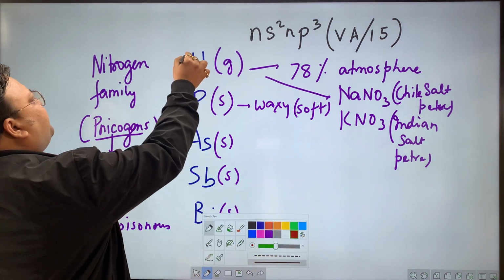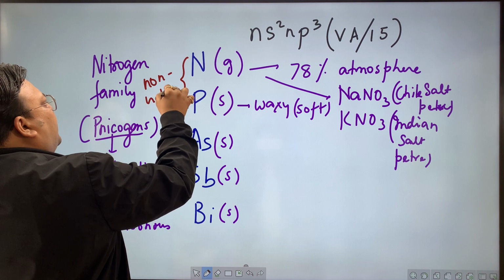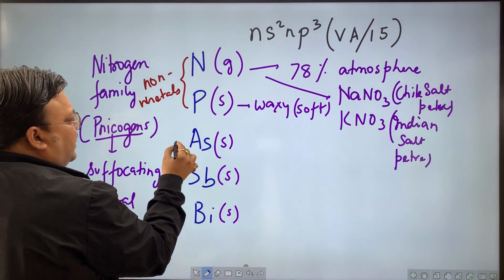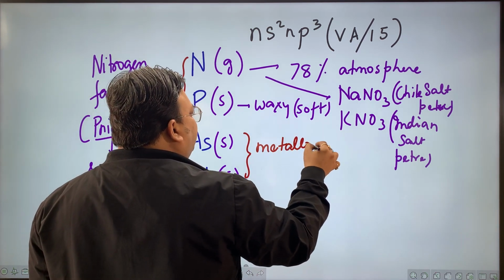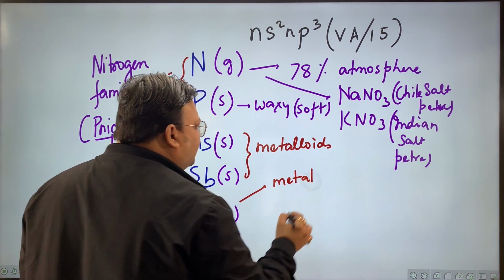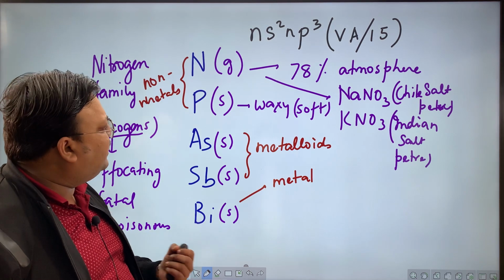Arsenic and antimony are pretty much metalloids, and bismuth, you will see, has complete metal character. Bismuth will behave completely like a metal, both in the physical and chemical manner.